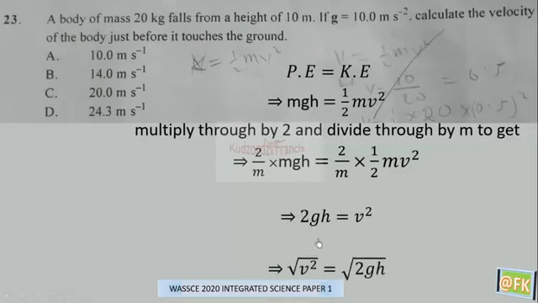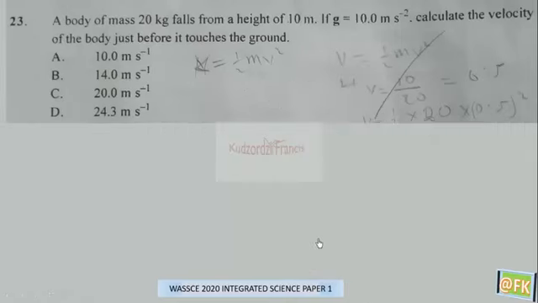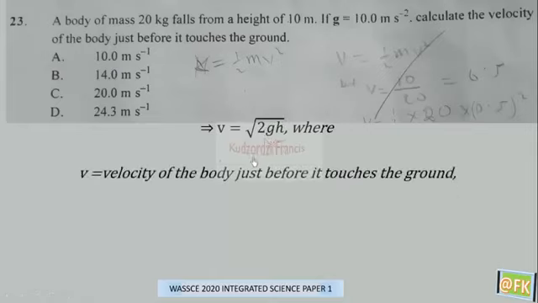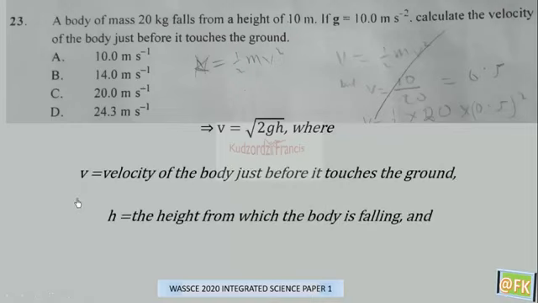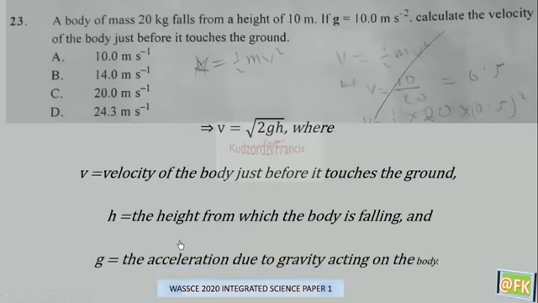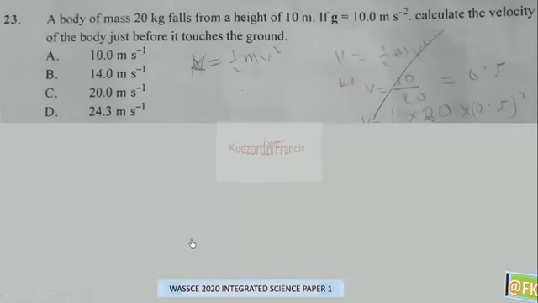Taking the square root of both sides, we get v equal to the square root of 2gh, where v is the velocity, h is the height from which the body is falling, and g is the acceleration due to gravity.